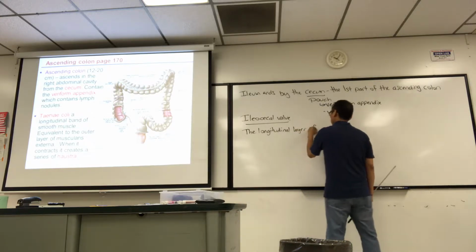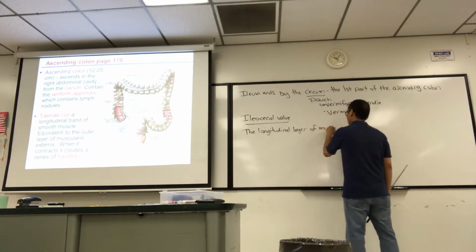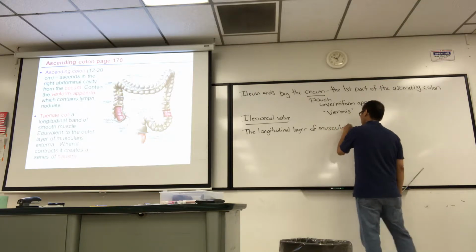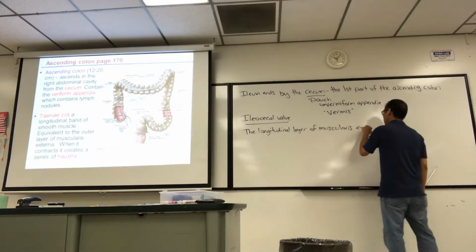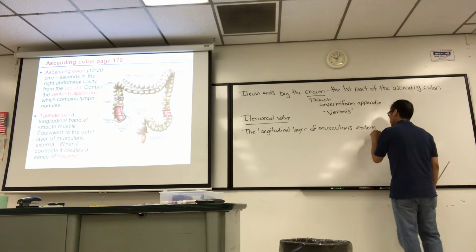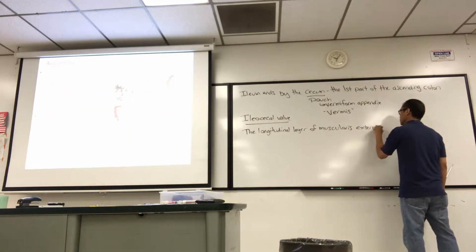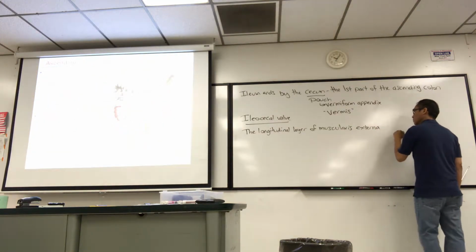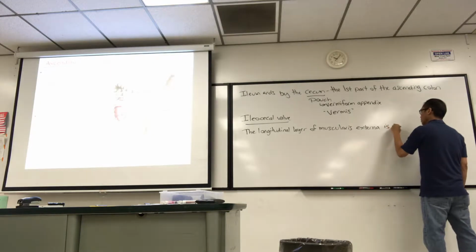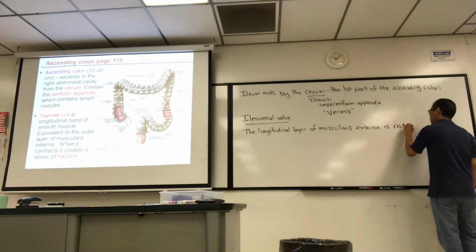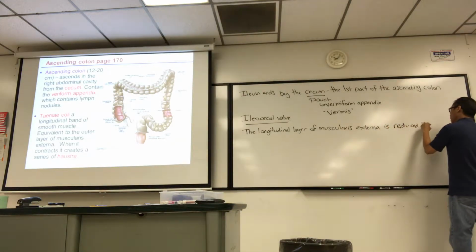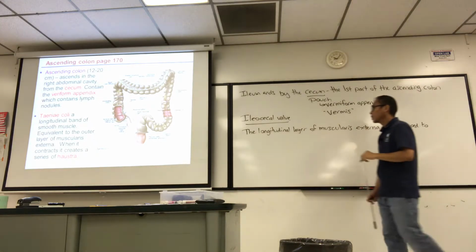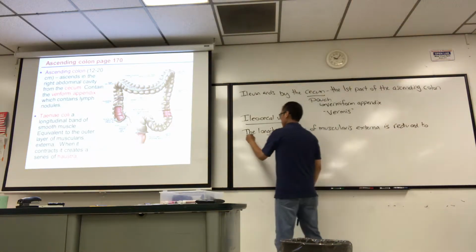Longitudinal layer of muscularis externa is reduced to 3 ribbon-like structures.